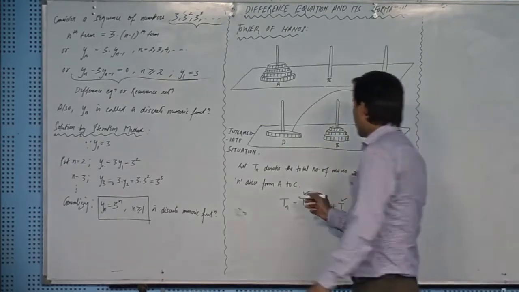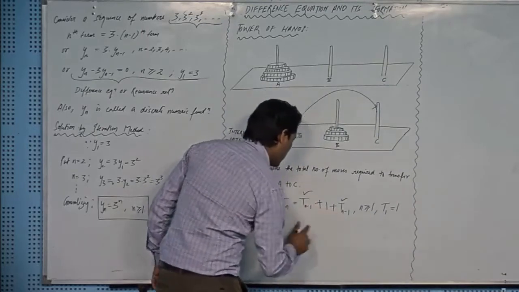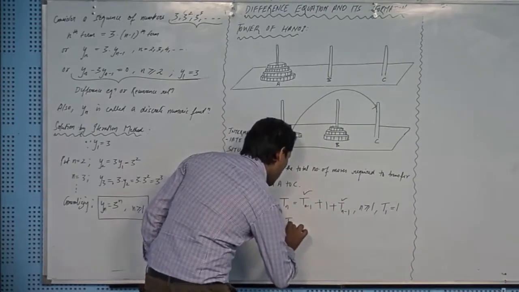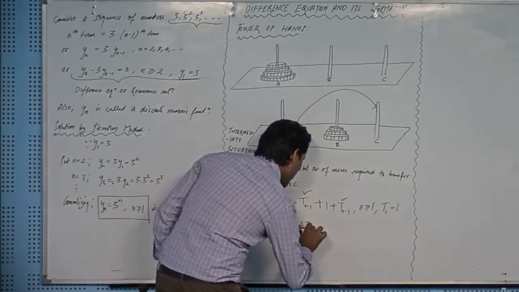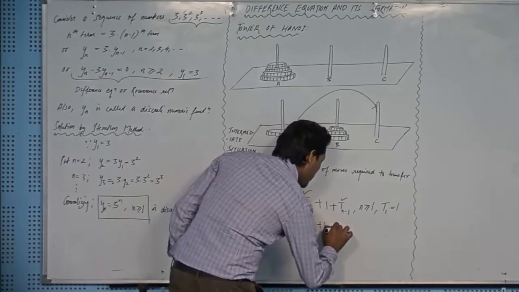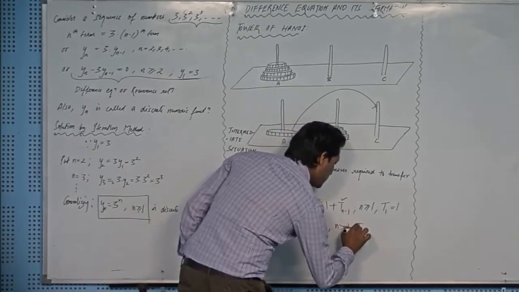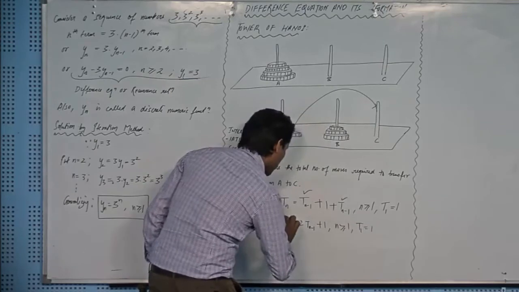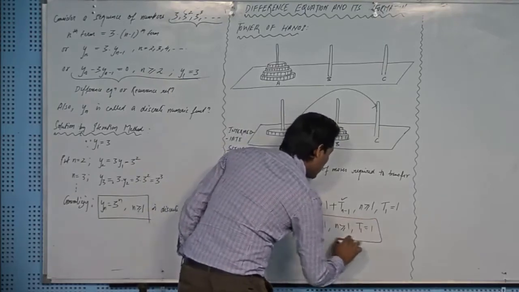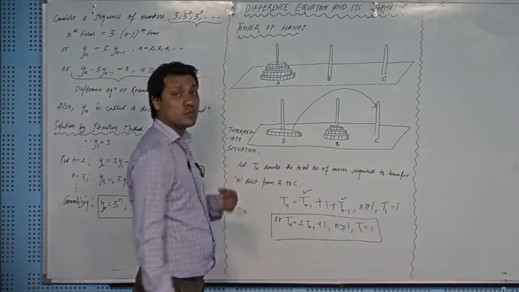So this is a complete difference equation, or you can add these 2 terms also: Tn equal to 2 times Tn minus 1 plus 1, n greater than or equal to 1, and T1 equal to 1. So this is a difference equation corresponding to this tower of Hanoi problem.